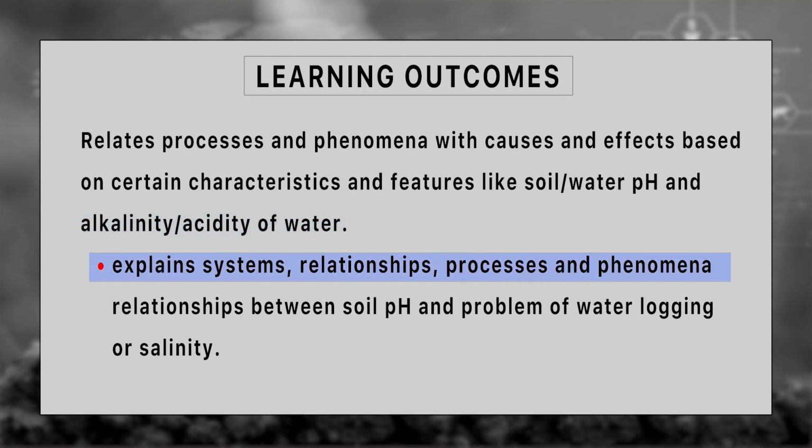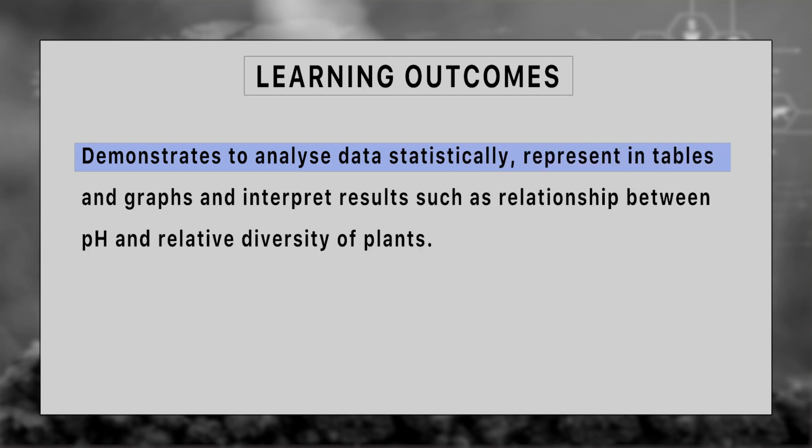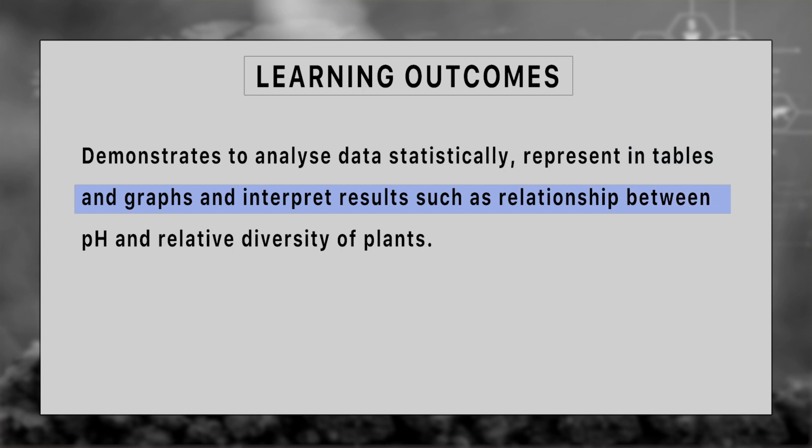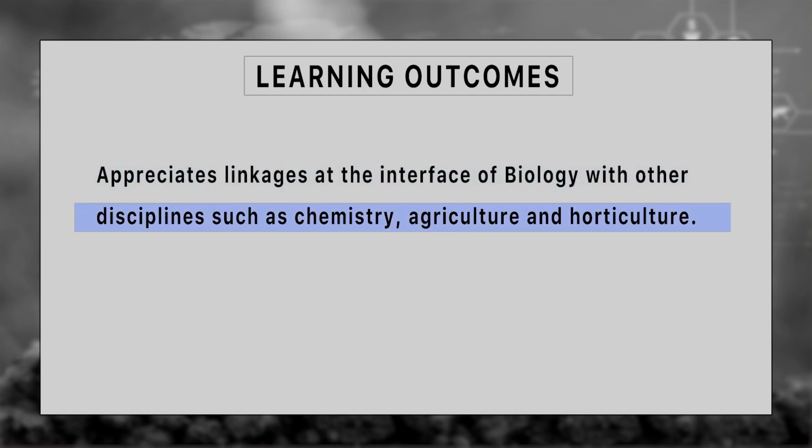Explains systems, relationships, processes and phenomena, relationships between soil pH and the problem of waterlogging or salinity. Demonstrates to analyze data statistically, represent in tables and graphs and interpret results such as relationship between pH and relative diversity of plants, and appreciates linkages at the interface of biology with other disciplines such as chemistry, agriculture and horticulture.